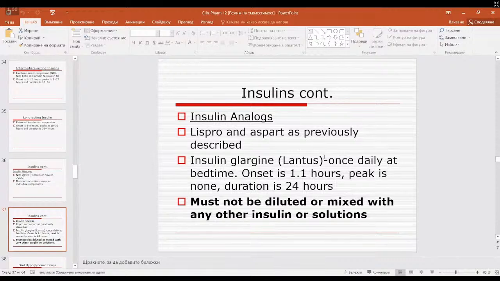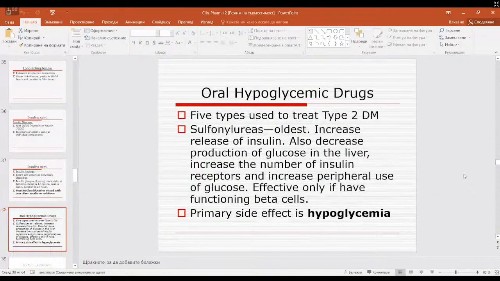Again, you don't need to know the trade names. I'm just giving you examples because when you're talking to patients, sometimes they tell you a trade name. That's why it's a good idea to know some trade names, but you're not going to be asked for any trade names in the exam.